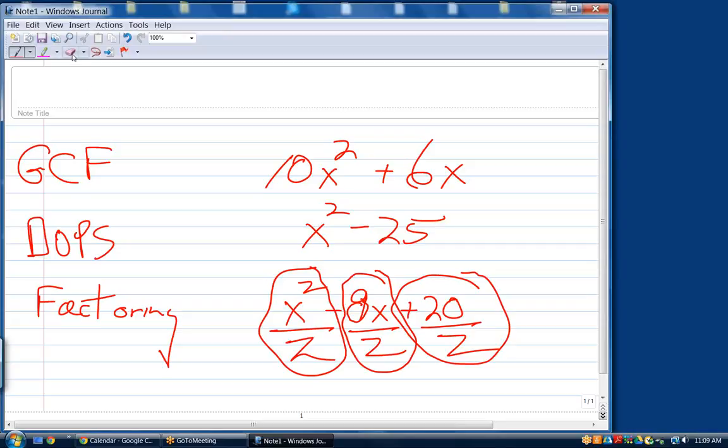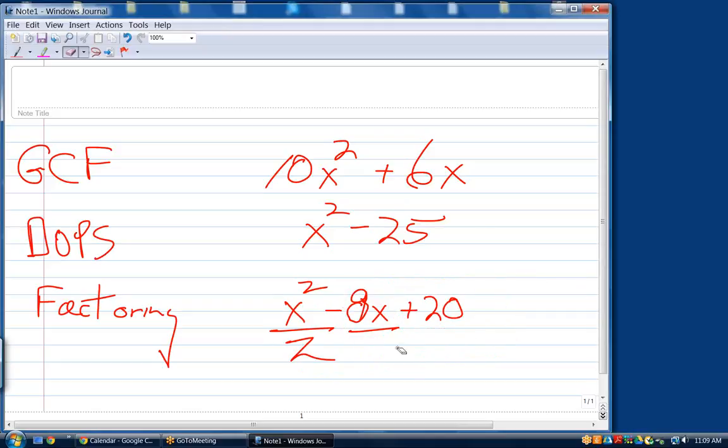So a greatest common factor has to divide into all 3 terms. And whenever you have a quadratic like this, where the third term does not have an x with it, then there is no greatest common factor, ever.